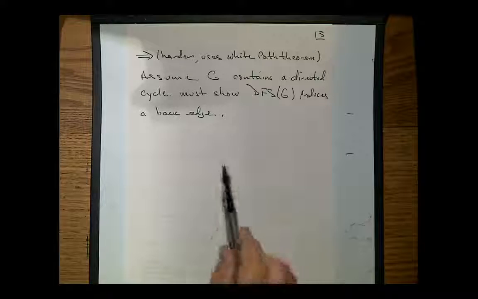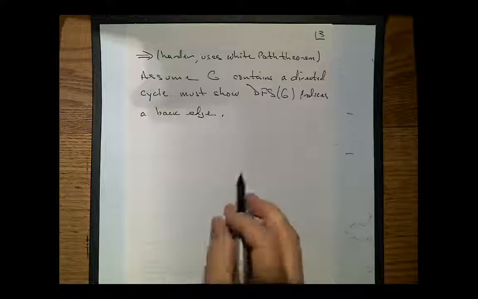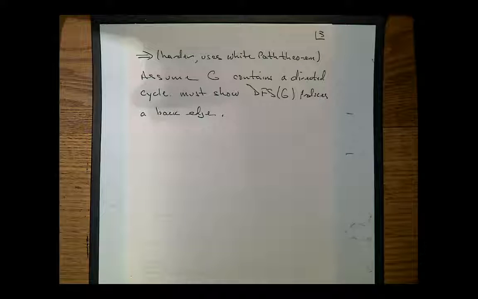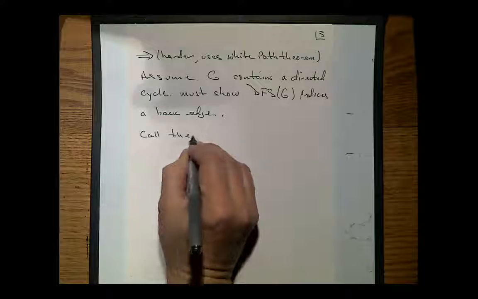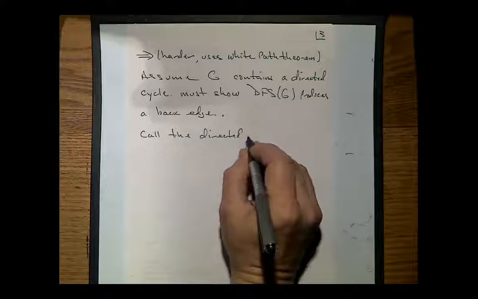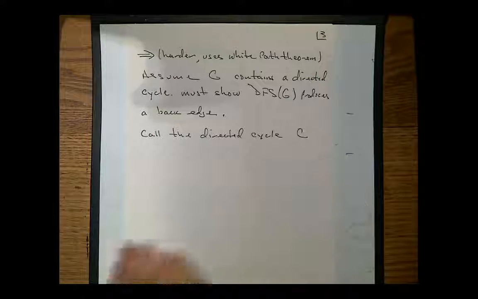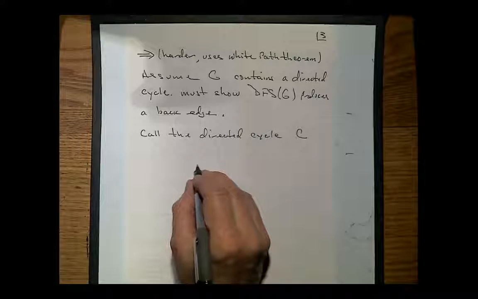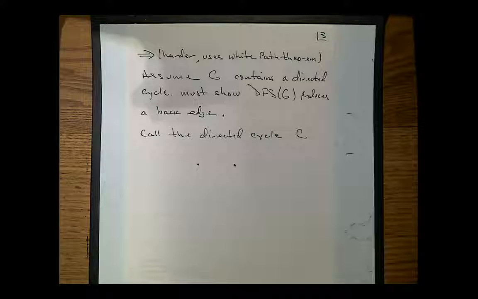Okay. G contains a directed cycle. All right. So, call the directed cycle C. So let's draw a picture of it. You know, pictures don't prove things, but it's okay to have a picture in your proof.